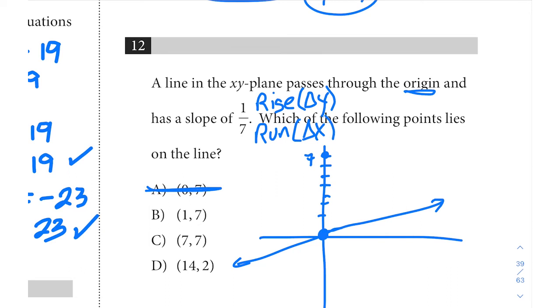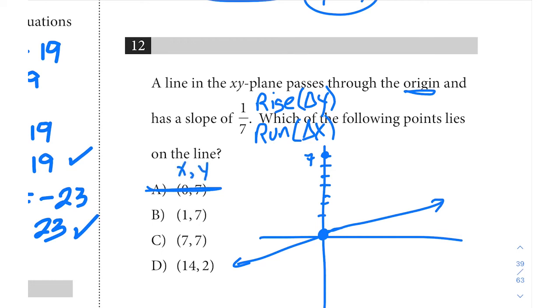So here, if y increases by 1 as x increases by 7, that means that we should have a y value that is going to be much smaller than our x value.